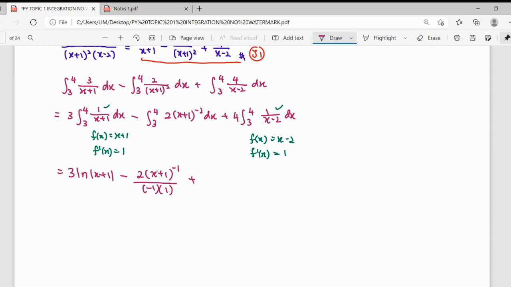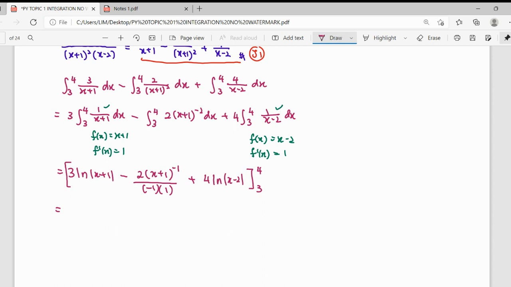Then continue, for that part will be 4 ln x minus 2. So everything in limit from 3 to 4. Lower limit 3, upper limit 4.